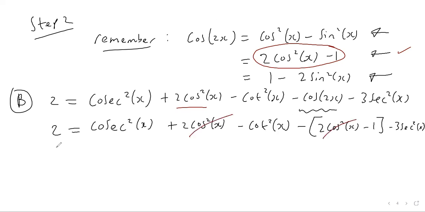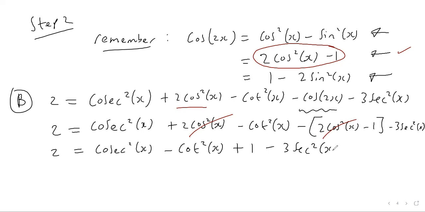So you're going to be left with 2 is equal to cosec squared x minus cot squared x, and then minus 1. Well, minus minus 1 is going to give you plus 1, and then minus 3 sec squared x at the end.